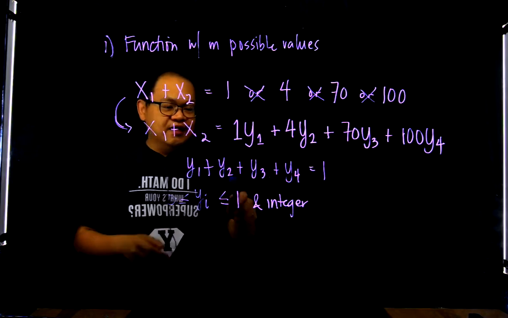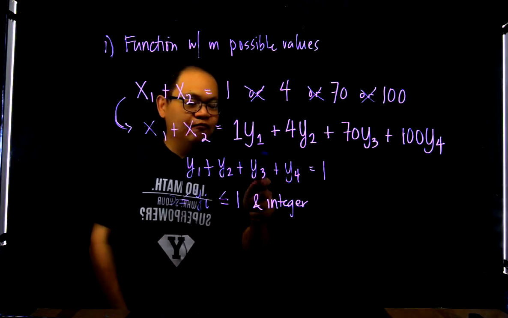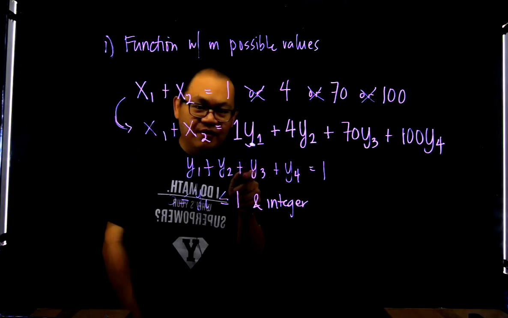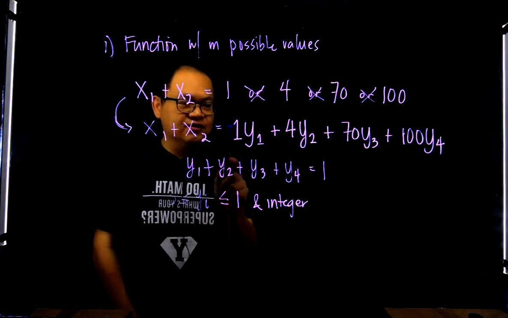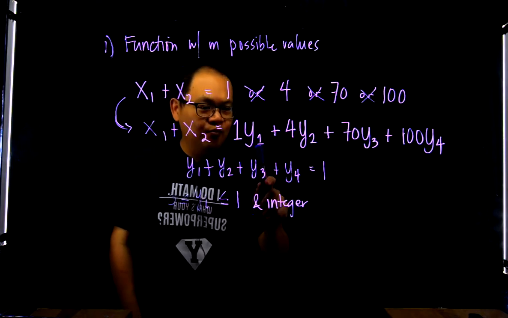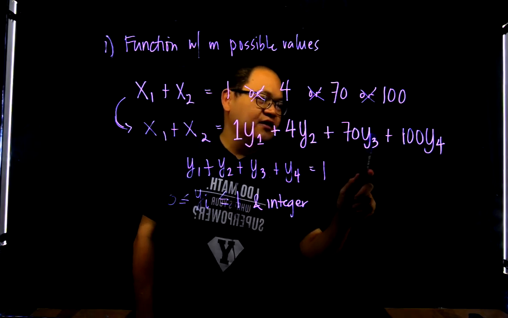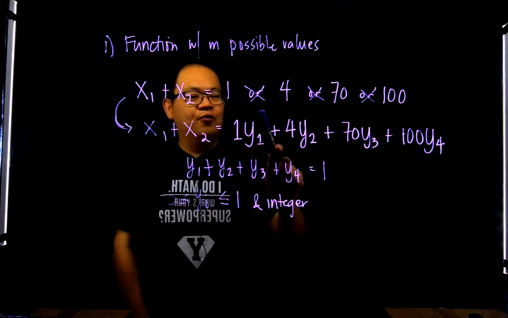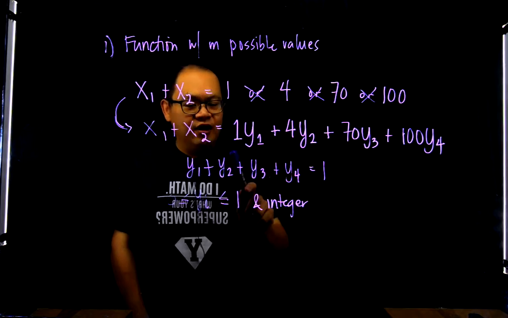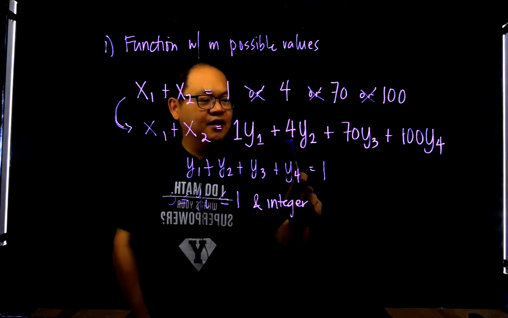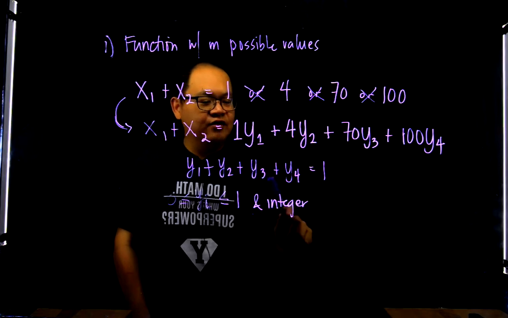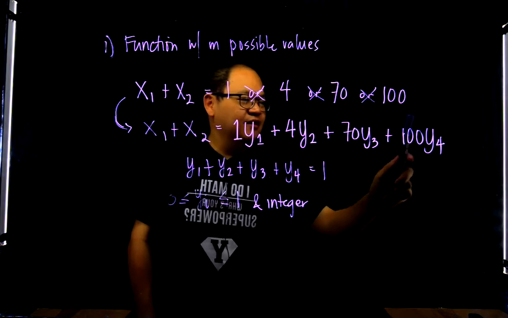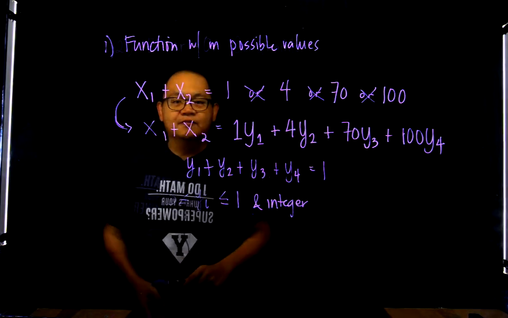And as you can see, if only one variable y is equal to 1, and obviously the rest are 0, then this function x1 plus x2 will either be 1, 4, 70, or 100. If y1 is equal to 1, then x1 plus x2 is equal to 1. If y2 is equal to 1, then it is equal to 4. If y3 is 1, then the right-hand side is 70. If y4 is 1, then the right-hand side is 100.